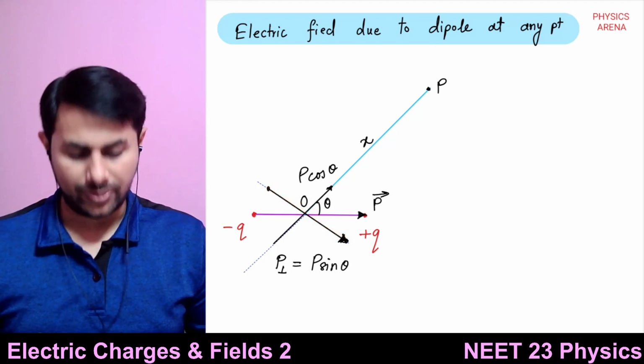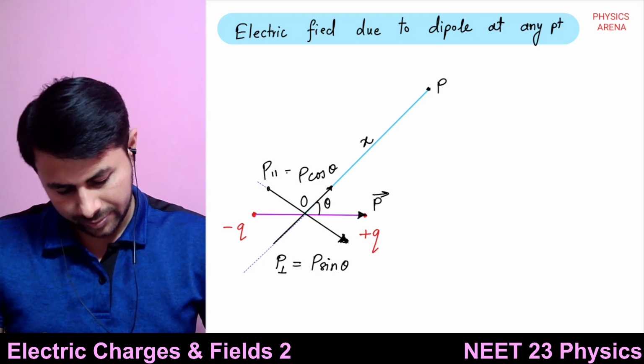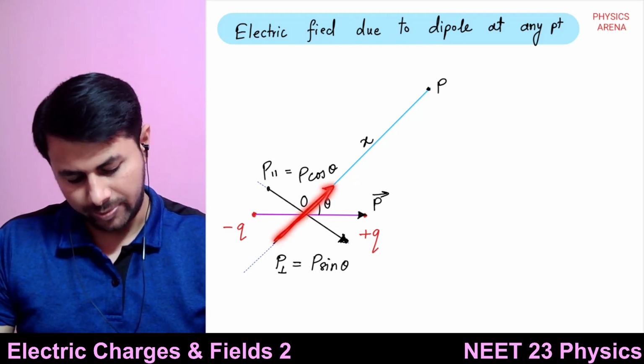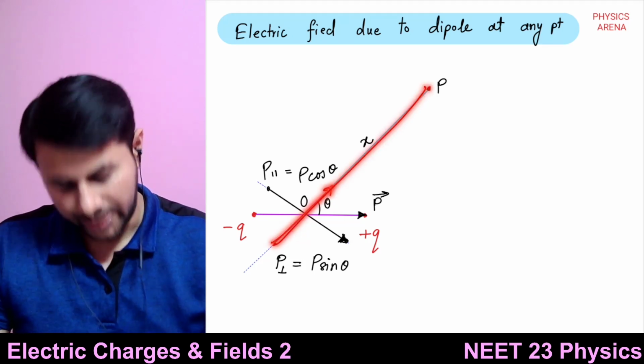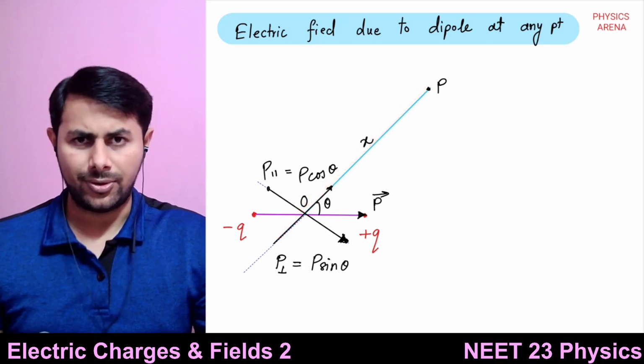And let's call this one P parallel, because this point is along the same line as this dipole.